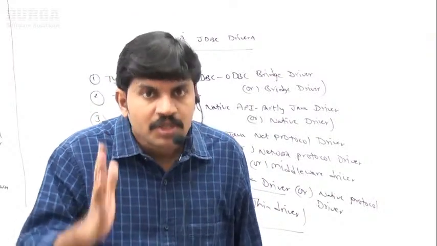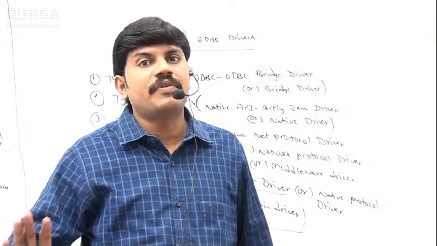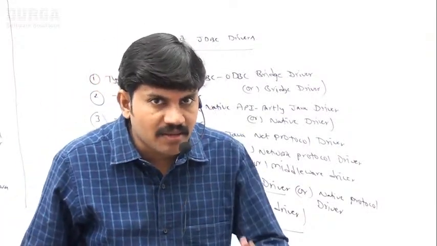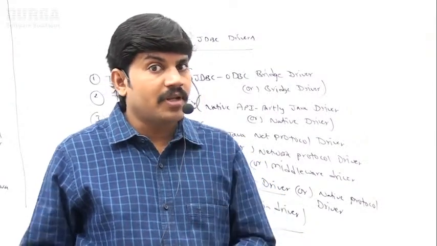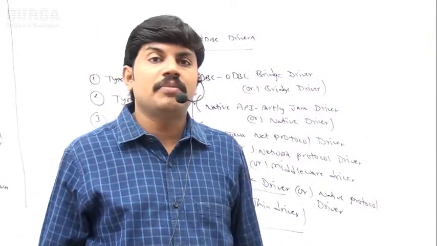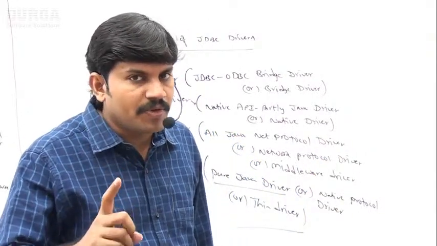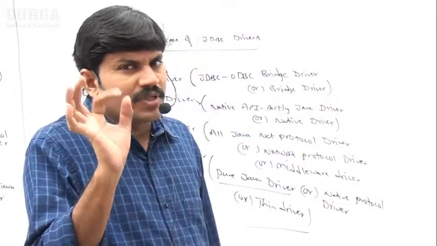To convert Java calls into database specific calls, and database specific calls into Java calls, some translator must be required. That translator is nothing but the database driver. In JDBC, how many types of drivers are available? Immediately the answer should be 4 types. But there is one small confusion point.